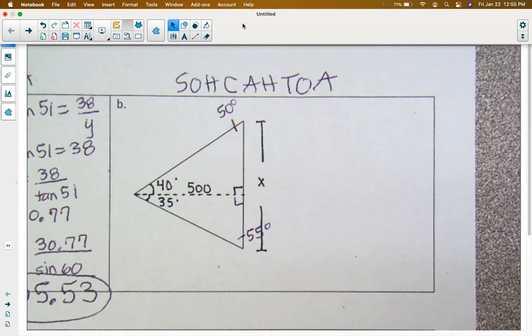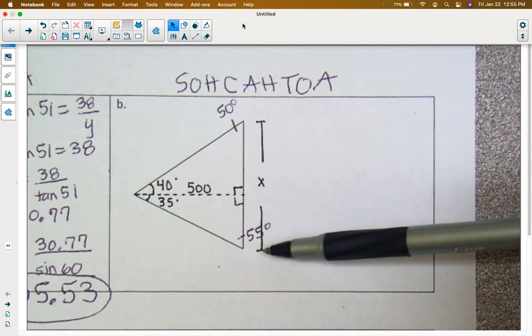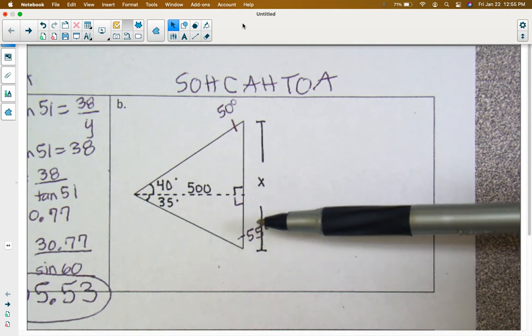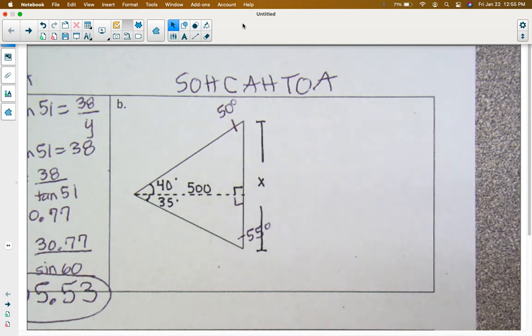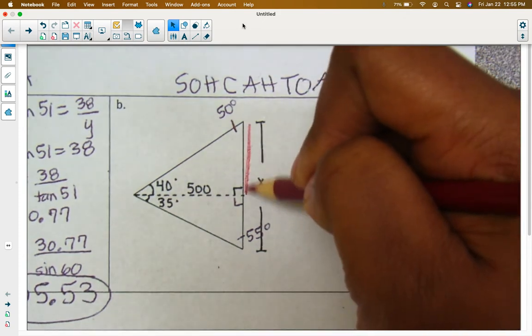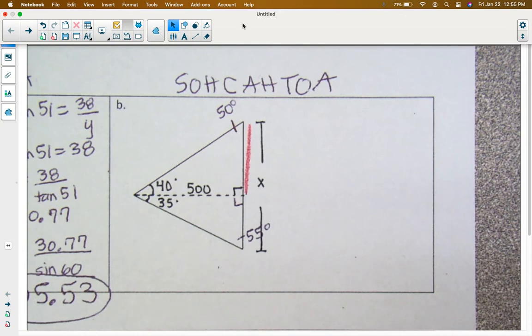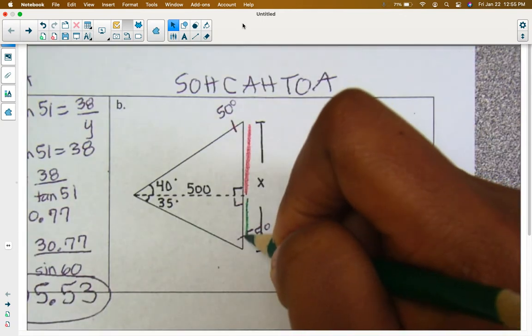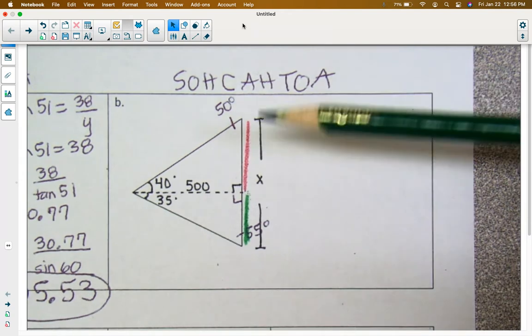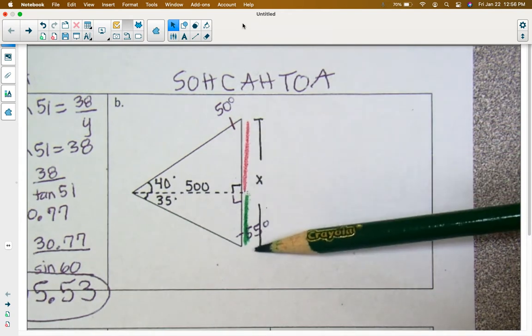Again, if I know I'm looking for this whole thing here, we might have to do more than one relationship. I'm actually going to break this up into two separate triangles. So let's see here. I'm going to find this piece here in the red. Then I'm going to go through and find this piece here in the green. And then I'm going to add those two together because I'm looking for the whole entire length here.